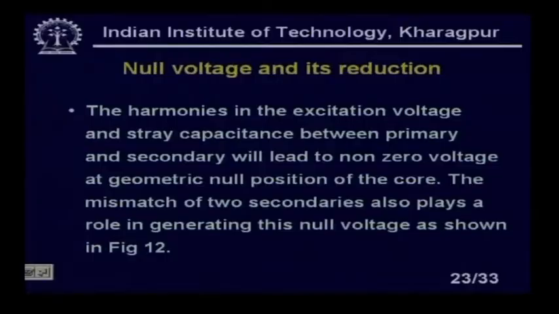The harmonics in the excitation voltage and stray capacitance between the primary and secondary will lead to non-zero voltage at the geometric null position of the core. The mismatch of the two secondaries also plays a role in generating this null voltage, as shown in figure 12.